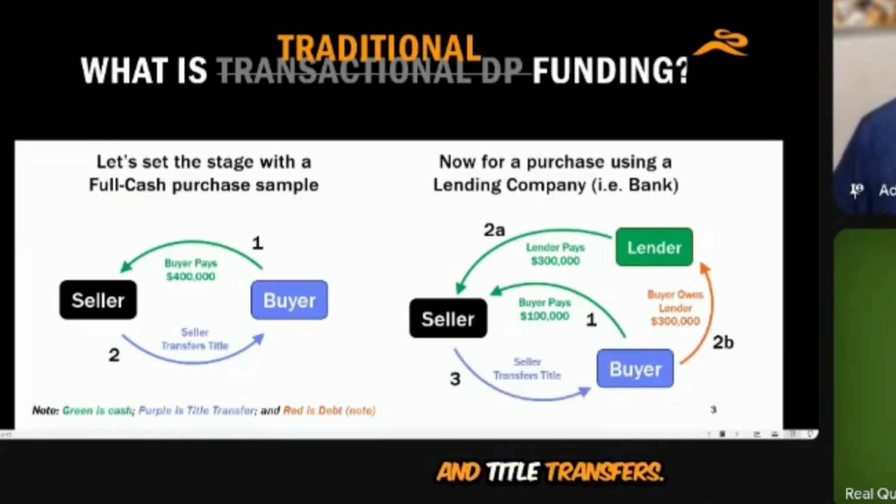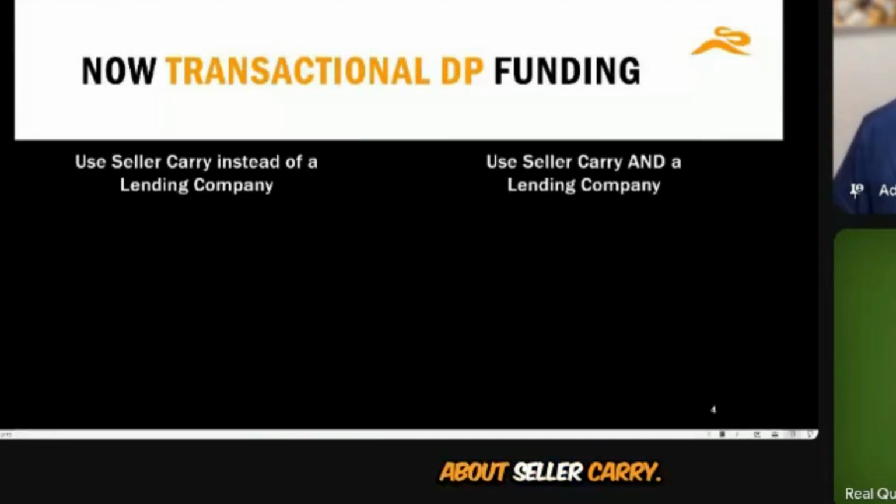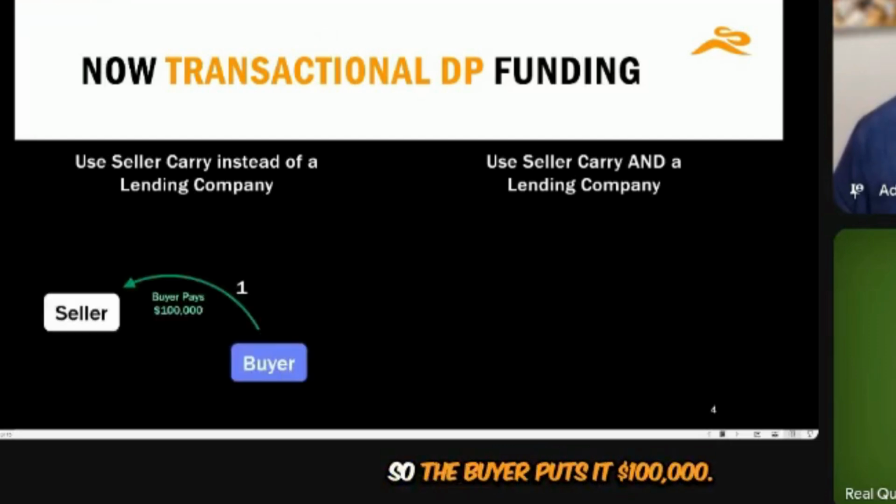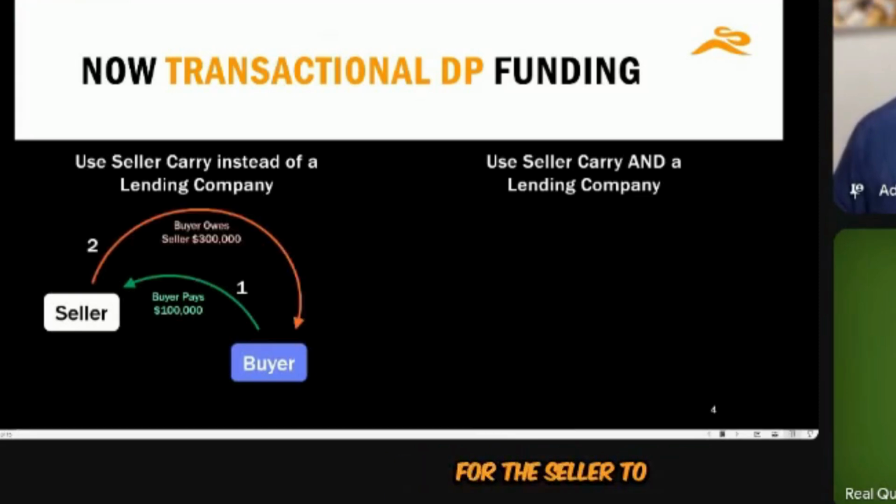And title transfers. Now with seller carry, instead of the lending company coming in, the seller is essentially seller financing that portion of the deal. We're going to use the exact same metrics as the last one just to keep it simple. So the buyer puts in $100,000. They've arranged with the seller for the seller to finance the other $300,000.